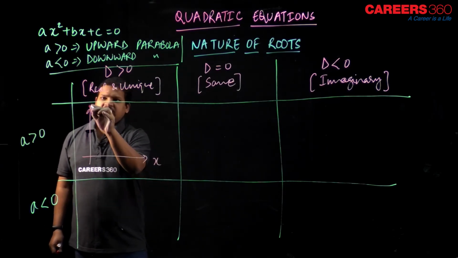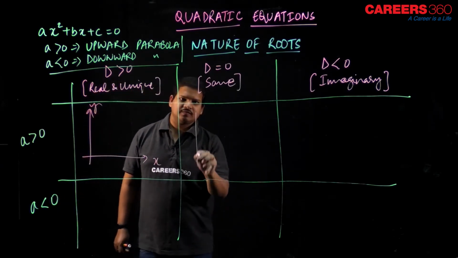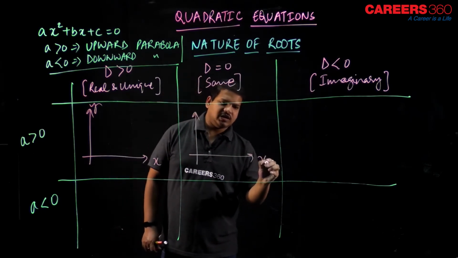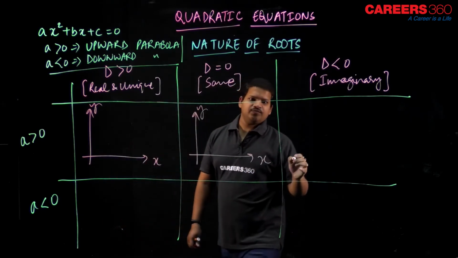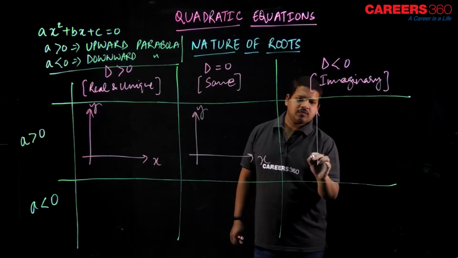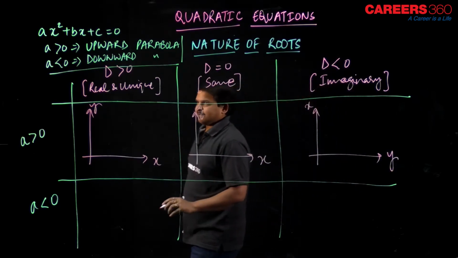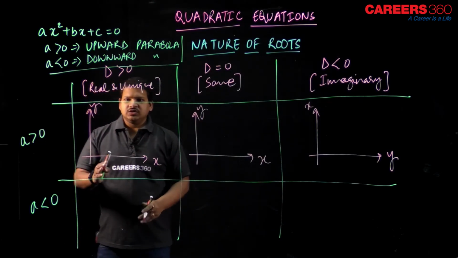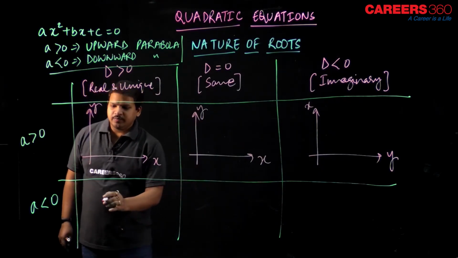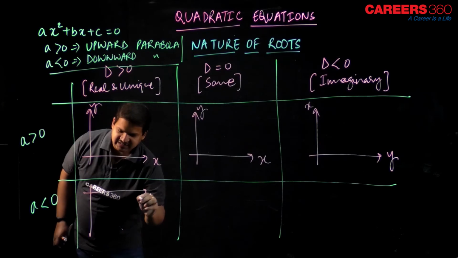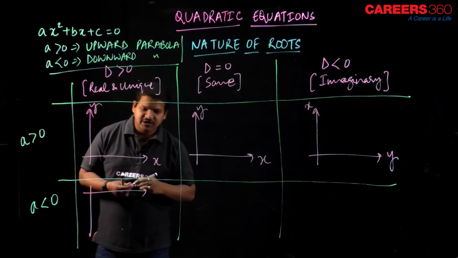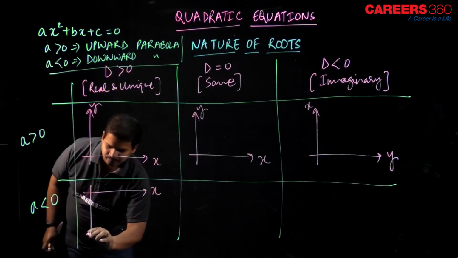X-axis and y-axis, x and y. Since a is greater than 0, it will be an upward parabola, and if a is less than 0, it will be a downward parabola.